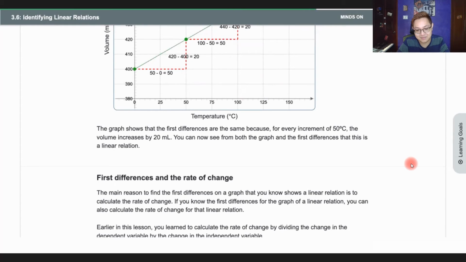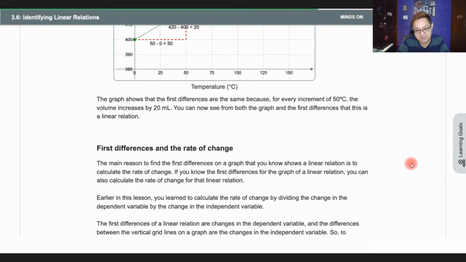Early in this lesson, you learned to calculate the rate of change by dividing the change in the dependent variable by the change in the independent variable.